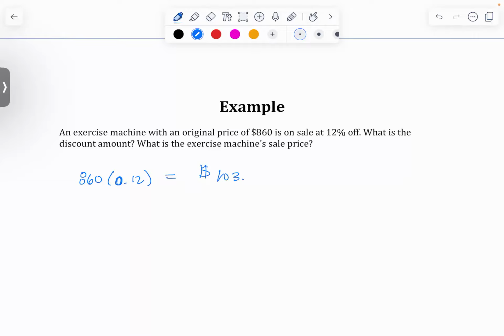That gives us 103.20. And that's the discount amount. In order to find the discount price, we simply do 860 minus the 103.20.